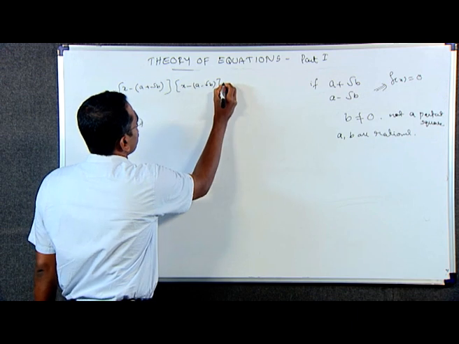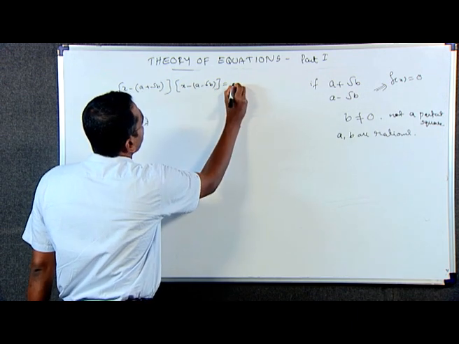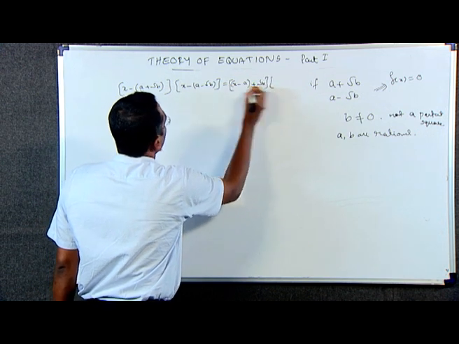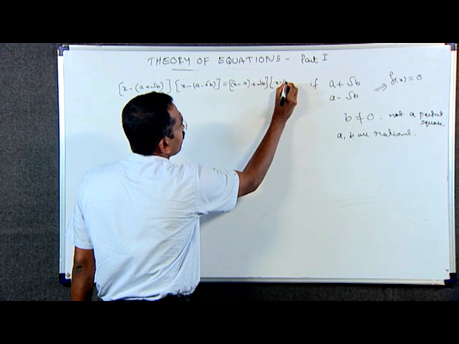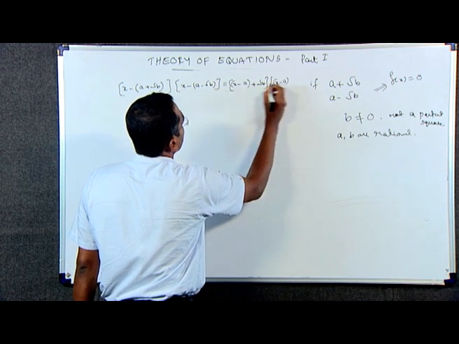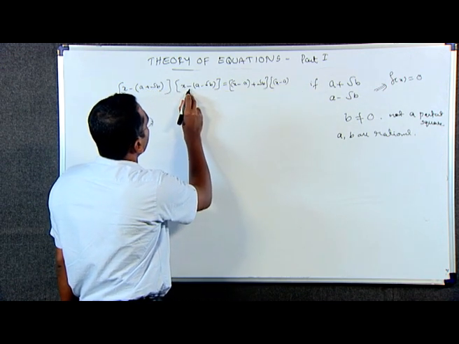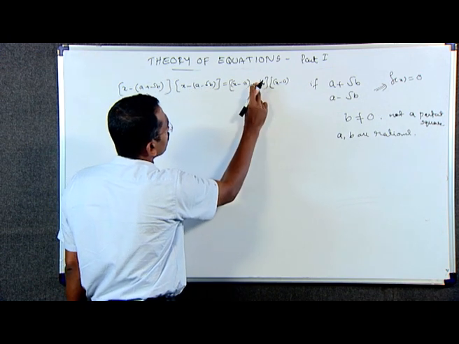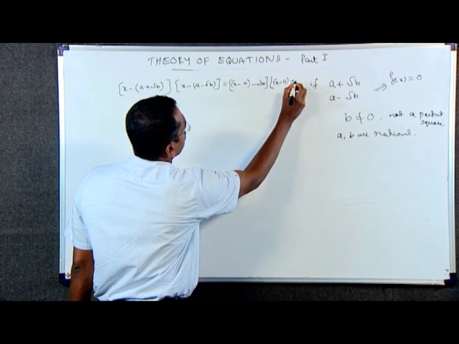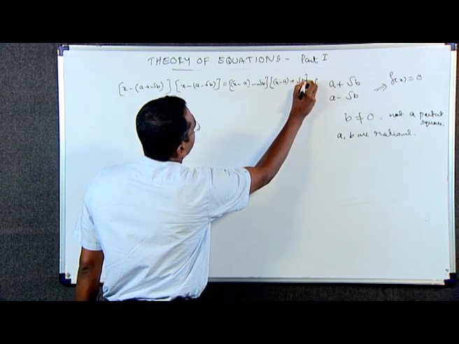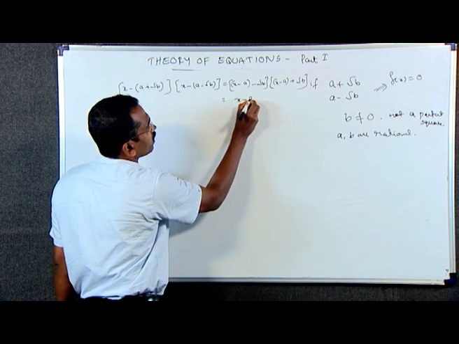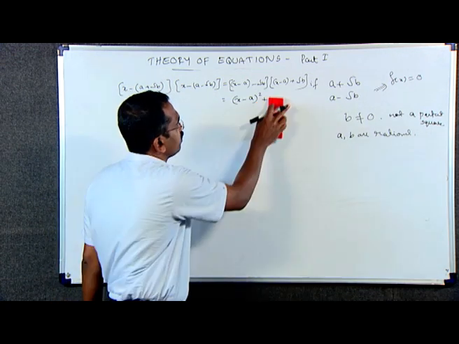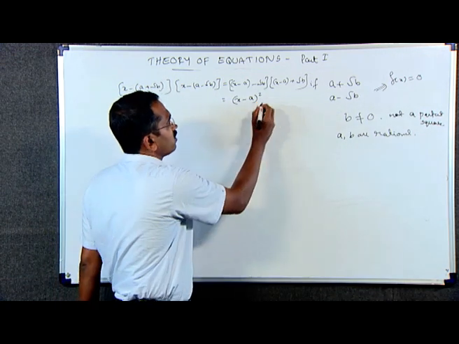This can be written as (x − a − √b)(x − a + √b), which is equal to (x − a)² − (√b)², that is b.